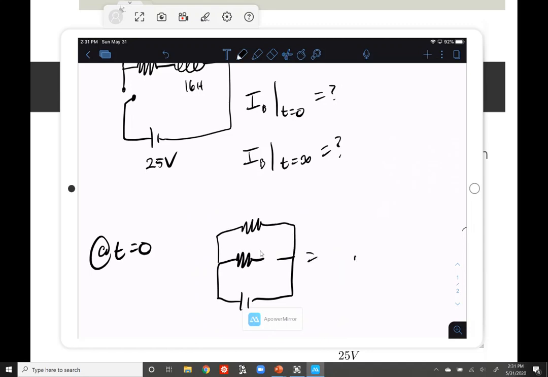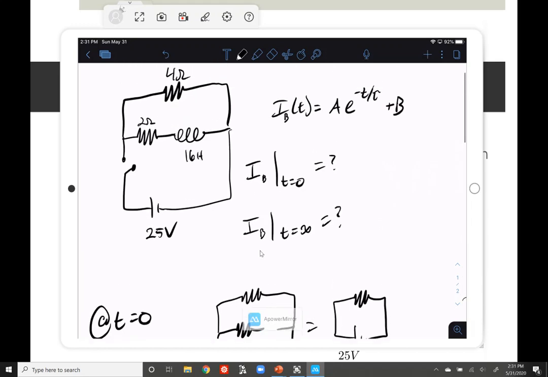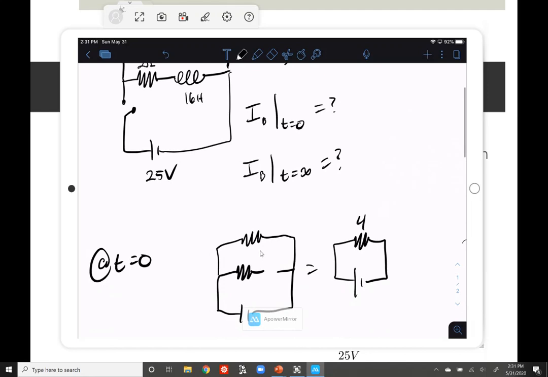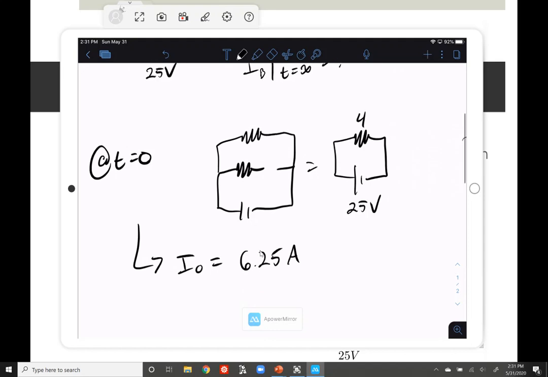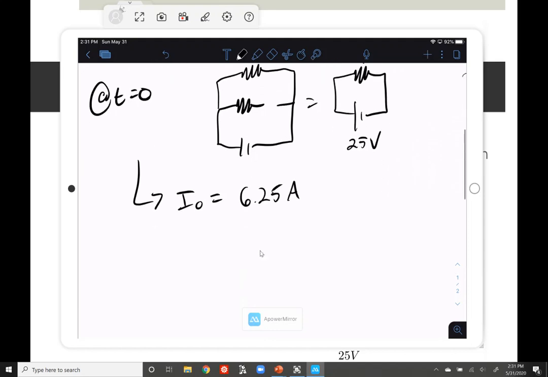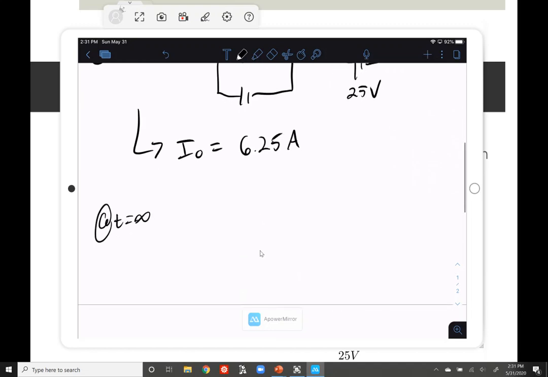So this circuit really only looks like it has the top branch here of 4 ohms and 25 volts, which, thanks to Ohm's law, is going to give us I0 being 25 over 4, or 6.25 amps. Wonderful.